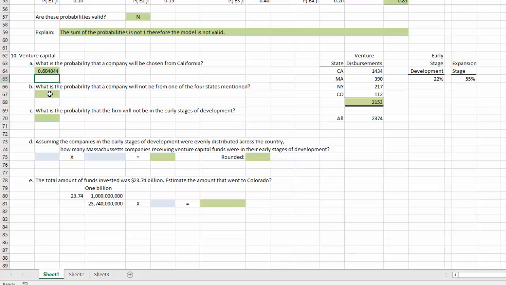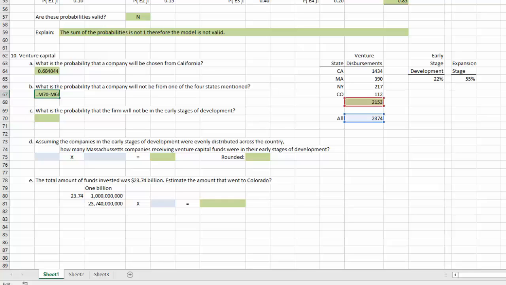What is the probability that a company will not be from one of the states mentioned below? What we will know is that we have a difference between 2374 and 2153. So we're saying there has to be a difference. So if I say equals 2374 minus 2153, I'm saying there's 221 venture disbursements that's not accountable. So that 221 is the number we're looking for.